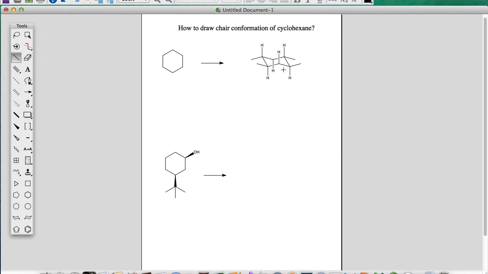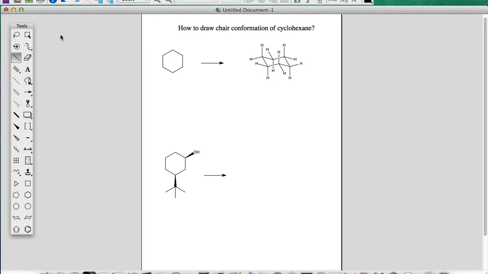So it always has to be parallel to the bonds in the cyclohexane ring. And then we put in the hydrogen atoms. This is the simple cyclohexane ring with all the hydrogen bonds on it.